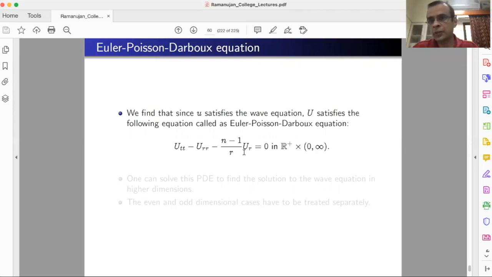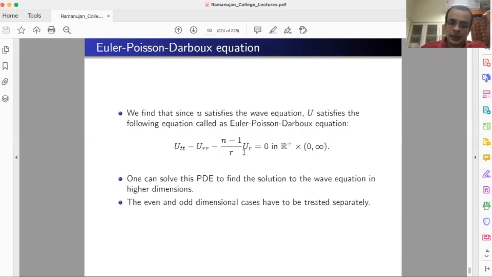So that was my motivation for considering the one-dimensional case in detail. You can apply that same approach even in the n-dimensional case. But I just want to emphasize one thing, that the even and the odd dimensional cases for the solution to the wave equation are going to be quite different.